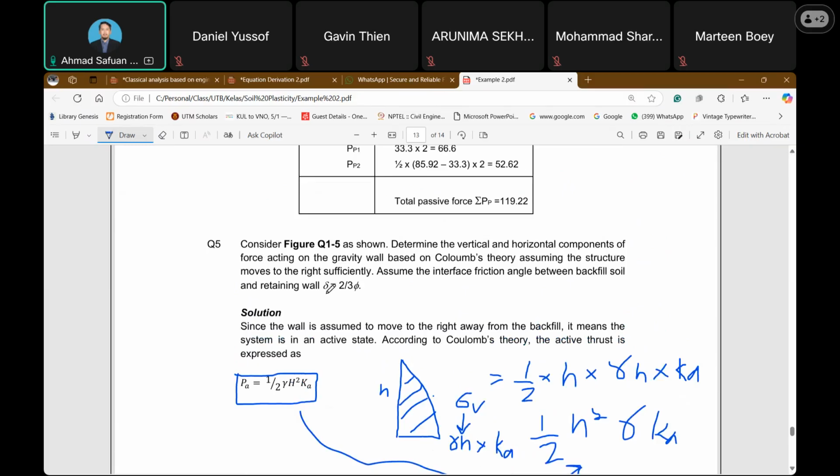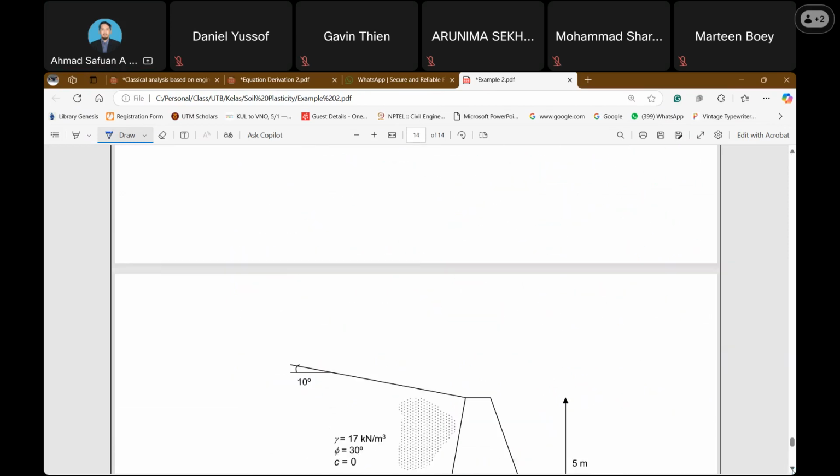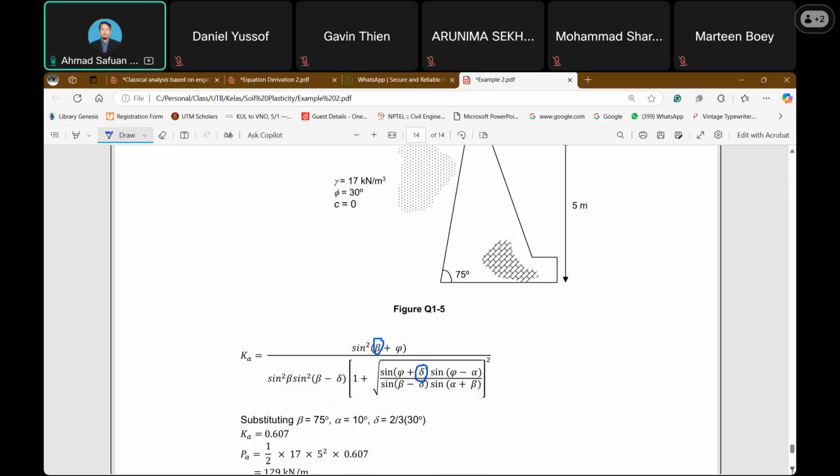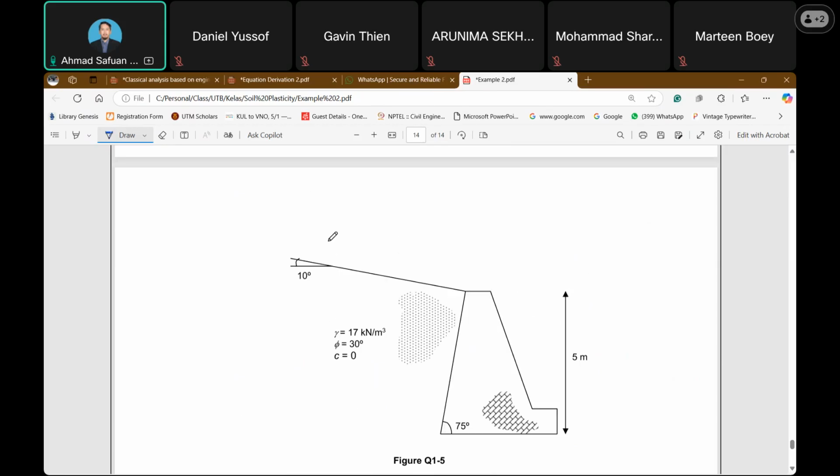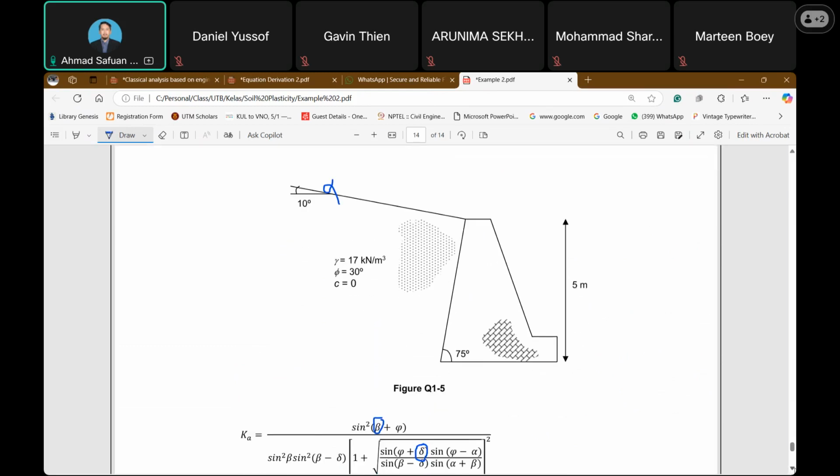For this case, delta is counted as 2/3 of the phi, so the phi for this case is equal to 30. Then calculate the value for this Ka. Alpha is the angle of the slope.